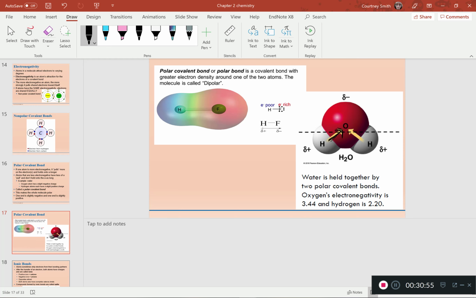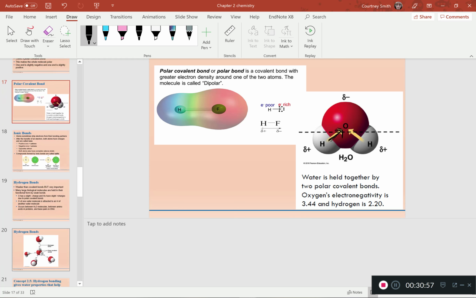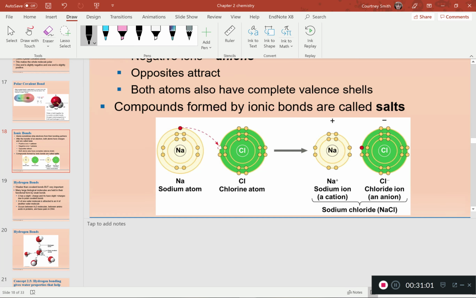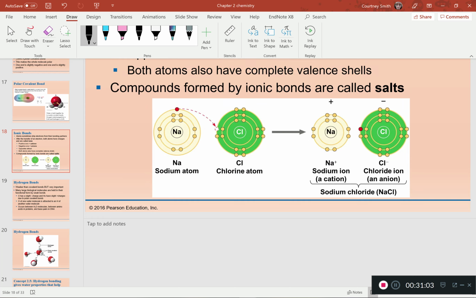Okay, and then ionic bonds, the last one that we're going to talk about. Right here in this figure, sodium has one valence electron, as you see in red. Like I said in class, it's easier to just get rid of one than it is to gain 7 additional electrons.